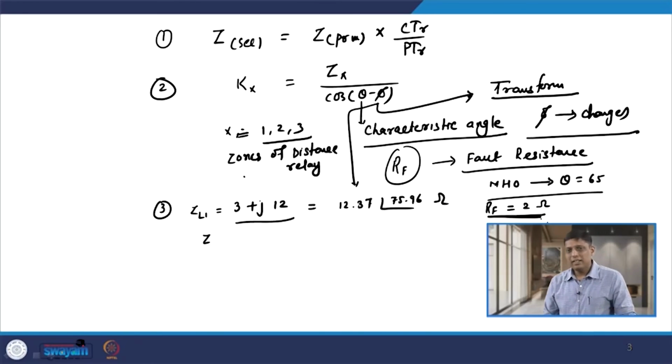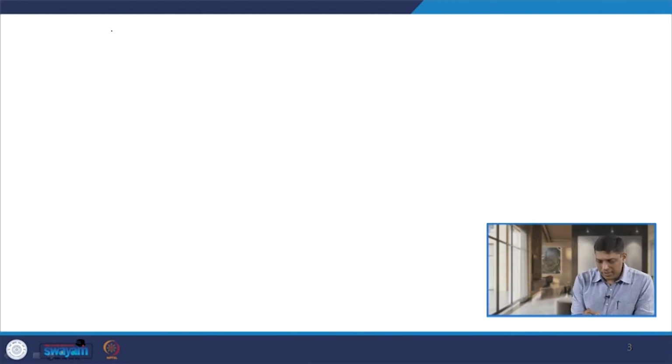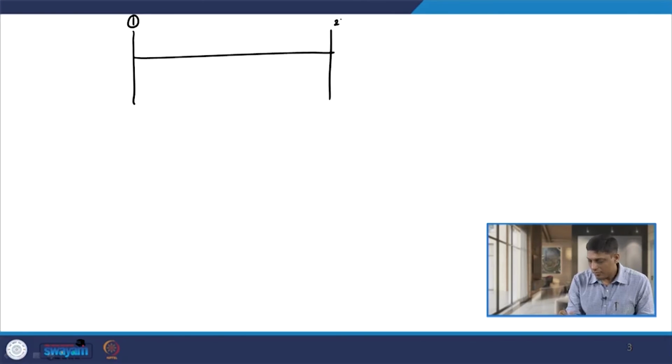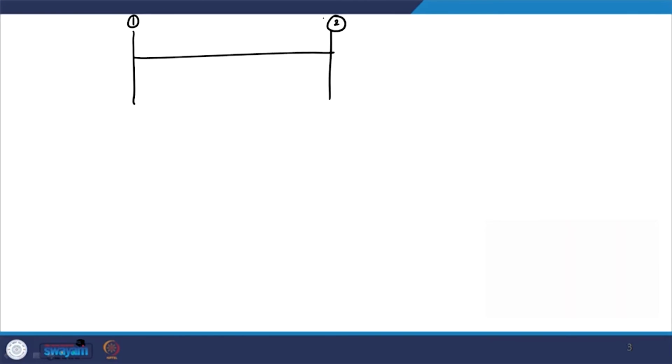So, for that let us consider one example. Suppose one line is connected between two buses, and I just want to show you the impact of RF.